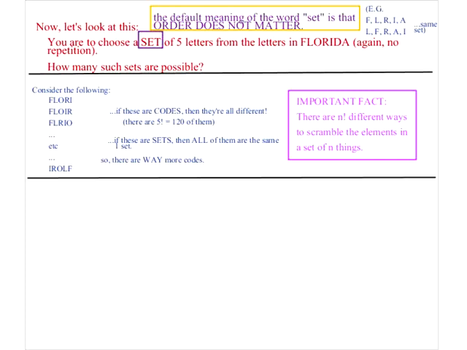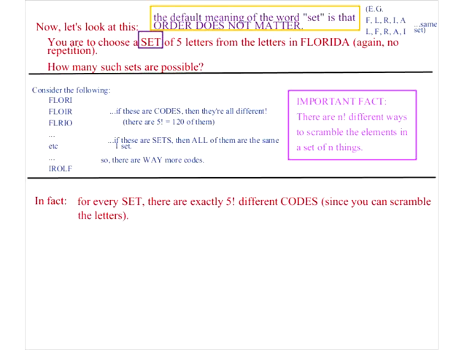In fact, this is the underpinning of the rule you're going to learn: for every set, there are exactly 5 factorial different codes, since you can scramble the letters.